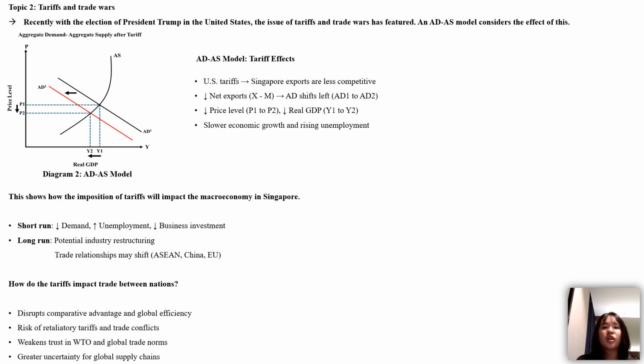For a highly open economy like Singapore, this can have a significant negative effect on income, employment, and investor confidence. In short, understanding these short-run dynamics helps organizations anticipate risks and adapt their strategies to changing global trade environments.